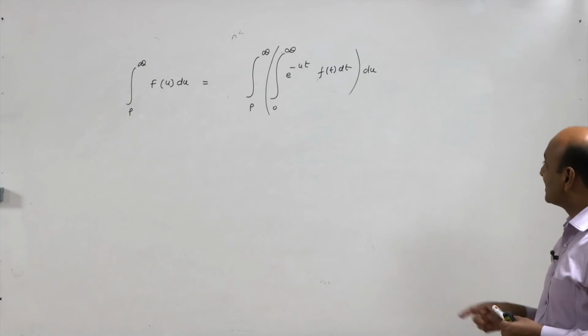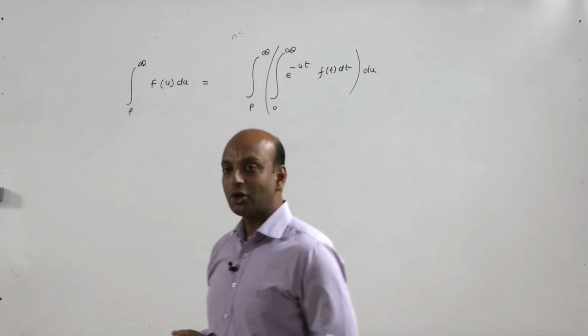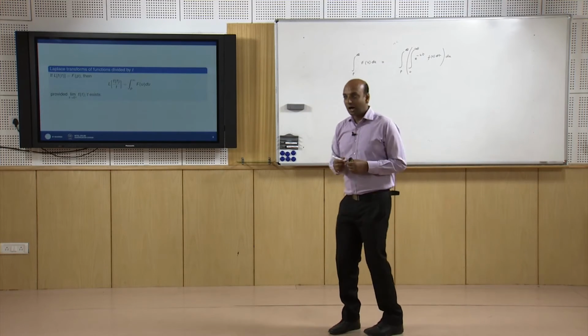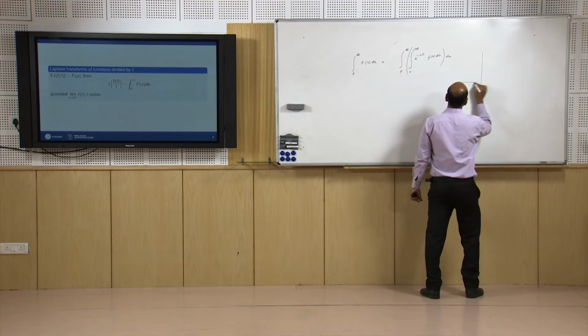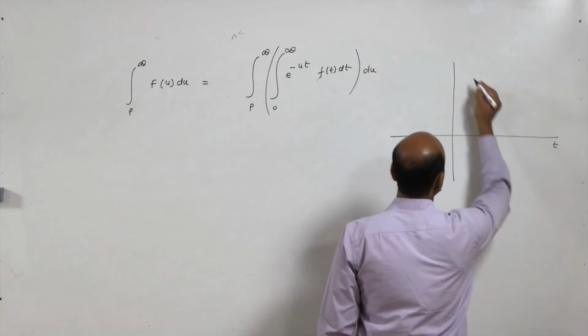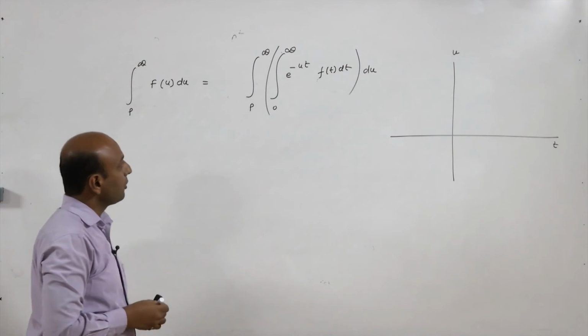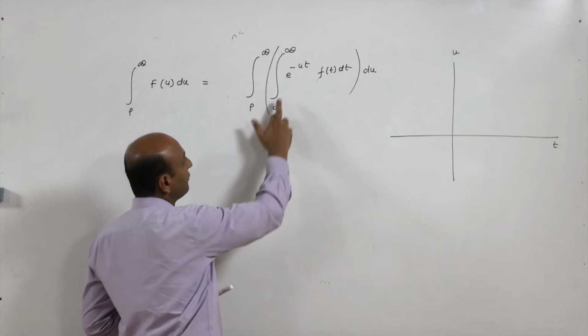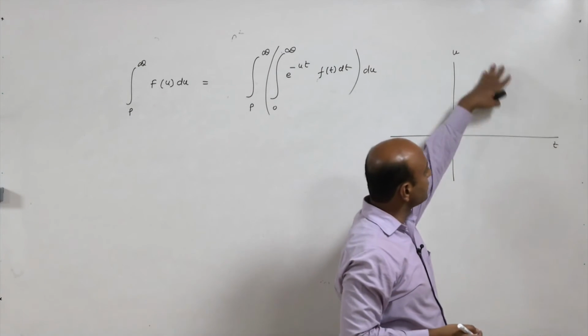Now this is a double integral, so we will make use of change of order of integration. How can we proceed for changing the order of integration? Suppose this is the t line, this is u. Now t is varying from 0 to infinity, so this is the first and fourth quadrant.